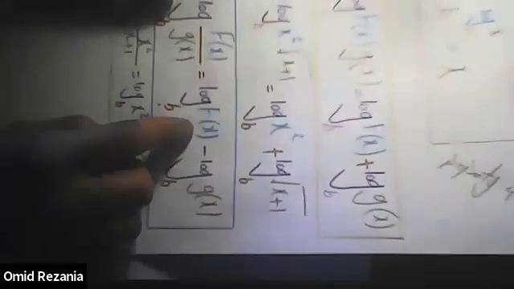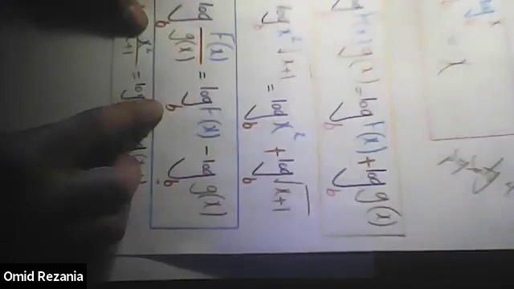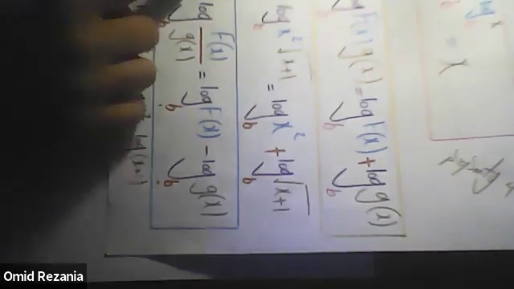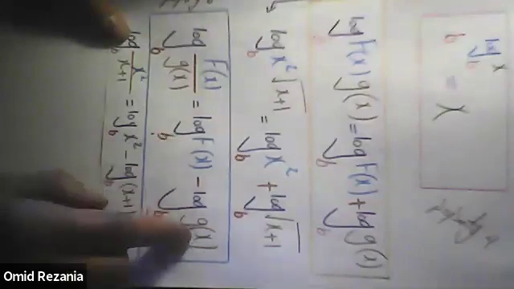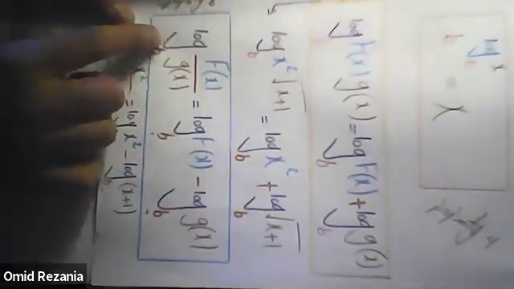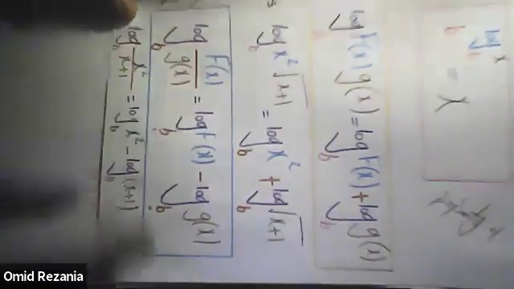Two log functions that are subtracted and share the same base take me right to which property, guys? Property number 6, right? Which means I can take these two functions in front of one log function and divide them, and keep the same base, correct?